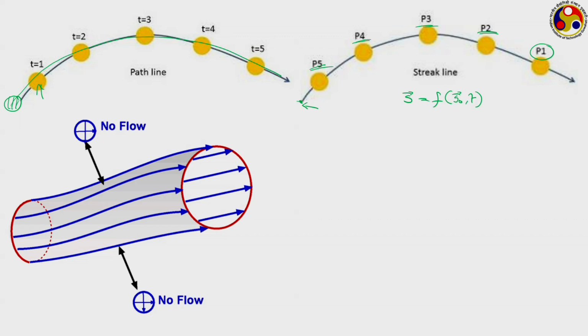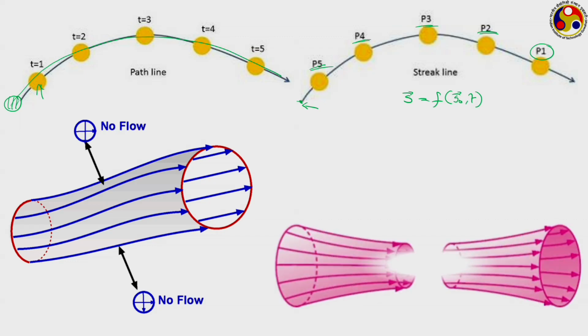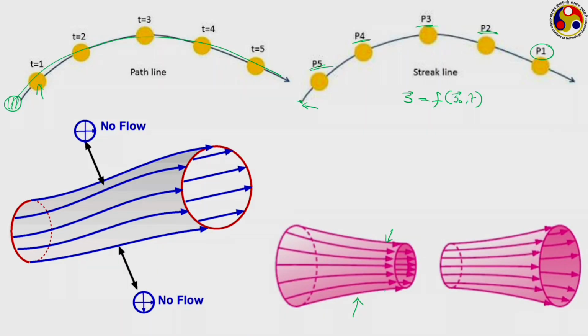Of course, the shape of the stream tube may keep on changing, the cross section area also may keep on changing depending upon the velocity values. Like if the fluid is accelerating, then we may have this kind of situation where the cross section area reduces, because remember each streamline has a different value of stream function. If we talk about this particular streamline as 1 and this one as 2, then the difference between their stream function values corresponds to the total volume flow of fluid flowing through the stream tube.